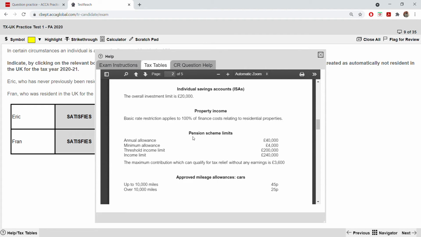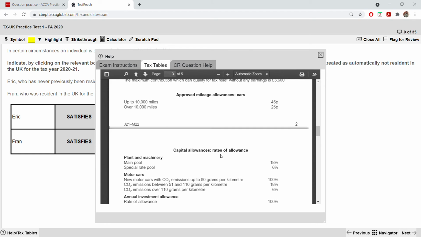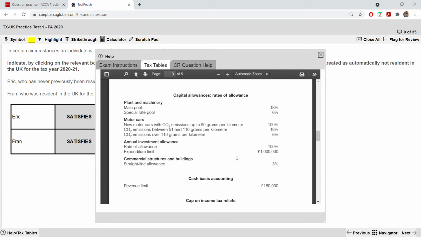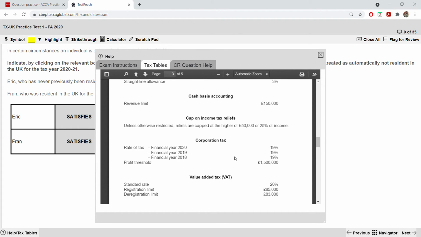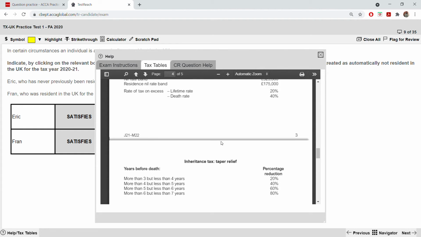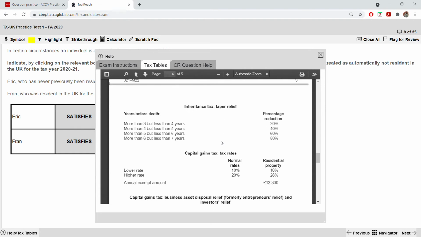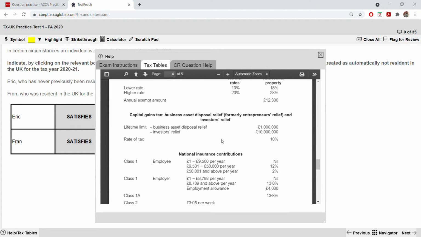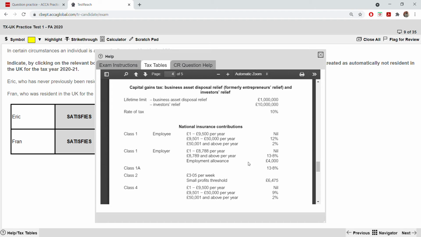The pension scheme is there, approved mileage, capital allowance, cash basis, corporation tax, the VAT, the inheritance tax. Then we have the TAPA relief, the capital gains tax. So for NIC also we have these things.